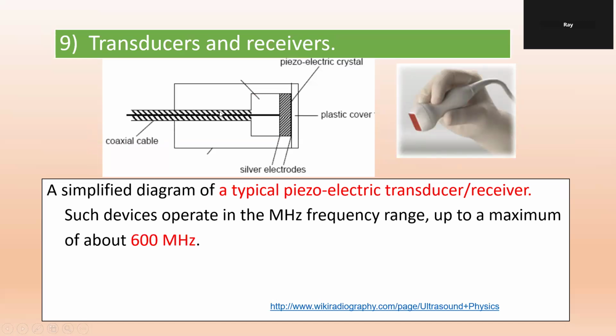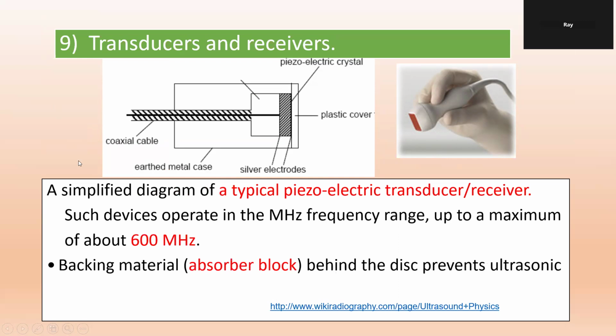There's your coaxial cable, to take the alternating voltage out of it, or send the alternating voltage inside. There's your earth metal case.